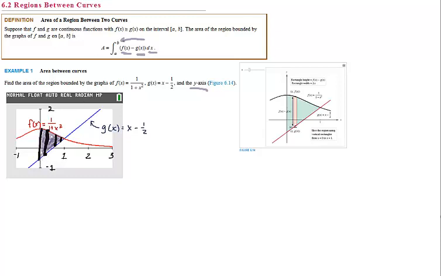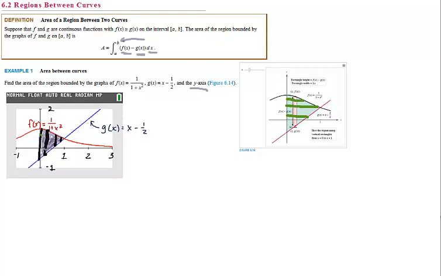If I had made the rectangle the other direction, then in some cases the top function would be the f, and in other regions it would be the g. So if I was going to integrate this with respect to y, I would have to break it up into two separate sections, and you'll see that as we go on.